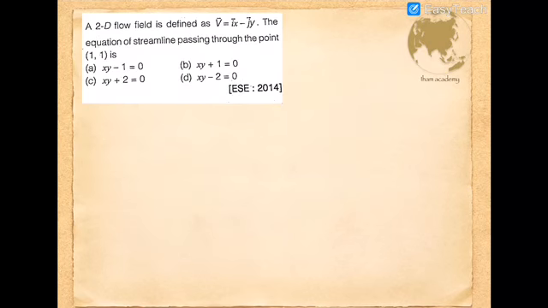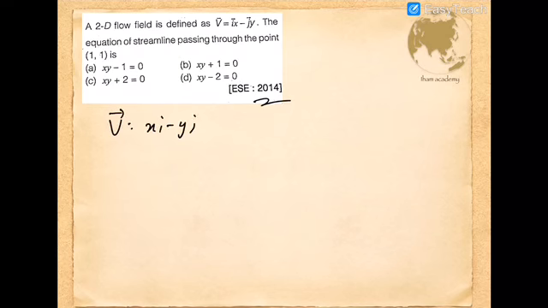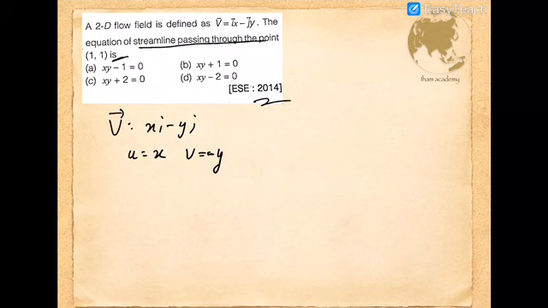So here is another question asked in 2014, a very similar one. Here the velocity v is given by x i minus y j. So in place of u it is x, and in place of v the velocity is minus y. So we have to find out the streamline equation with the condition that it passes through the point 1, 1. So again, the equation can be found out: dx by u is equal to dy by v.